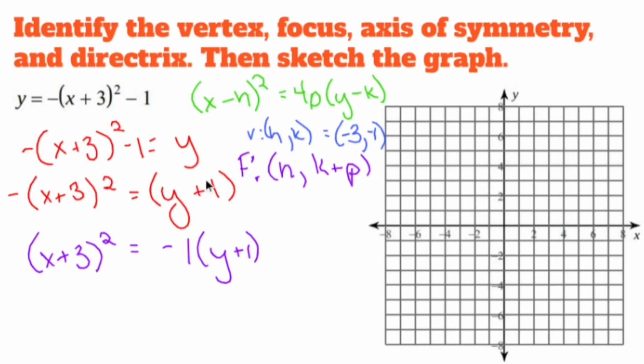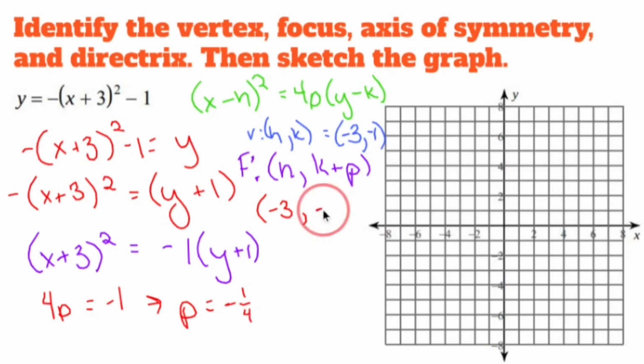So comparing this to this, I'm going to let 4p equal negative 1. So if I divide both sides by 4, p is negative 1/4. So my focus is h, and I already know that h is negative 3. k plus p is going to be negative 1 plus negative 1/4, so negative 1 1/4.